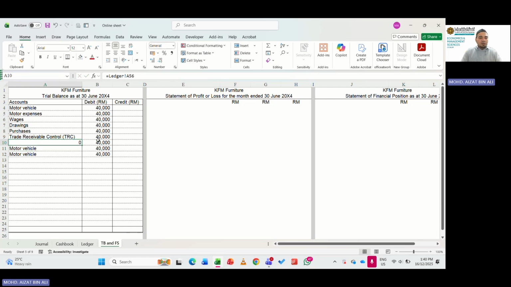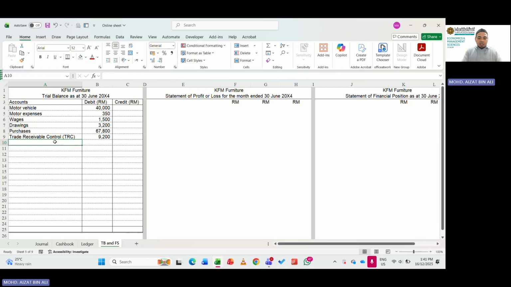There is no account anymore after trade receivable control. So we just delete this. Now it's time to update the balances. So this becomes 18, 27, 36, 45, 54. Okay, that's it.